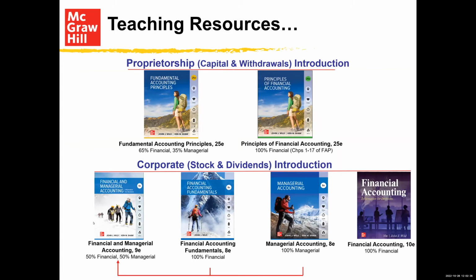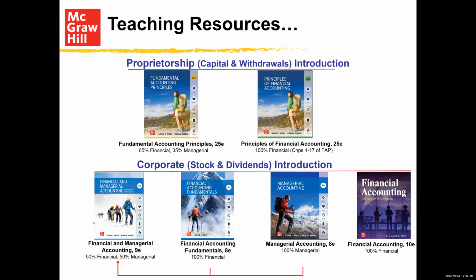So next, we'll talk about the textbooks that John publishes. John and Jonathan will be showing materials they use in class from both the accounting principles and the financial and managerial texts. The principles text starts with proprietorships, which involve owner's capital and withdrawal accounts.